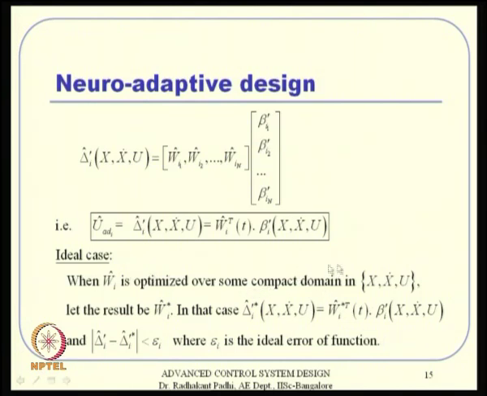That is why it is needed, and in most engineering problems these domains are compact anyway, so there will not be those issues. So, when Wi hat is optimized over some compact domain, after this optimization, let the result be Wi hat star.